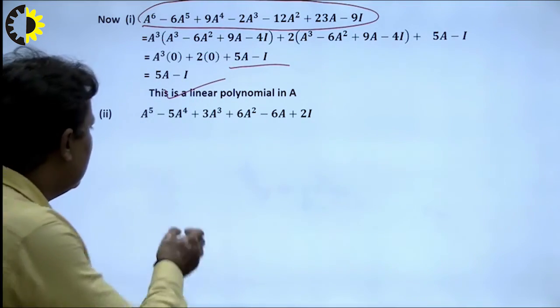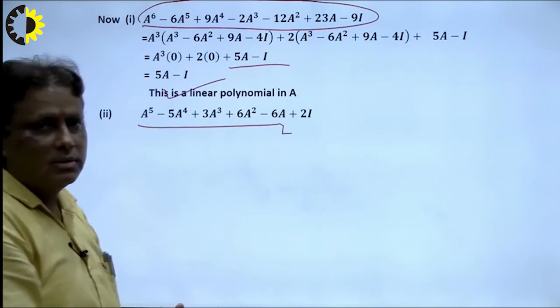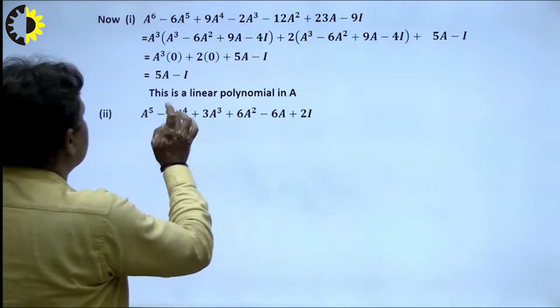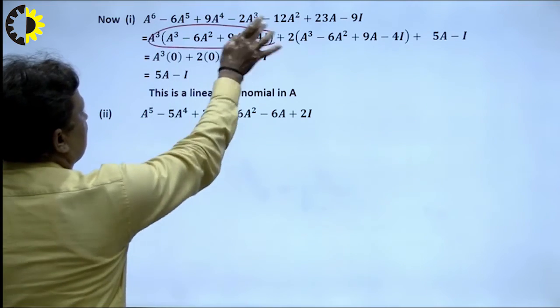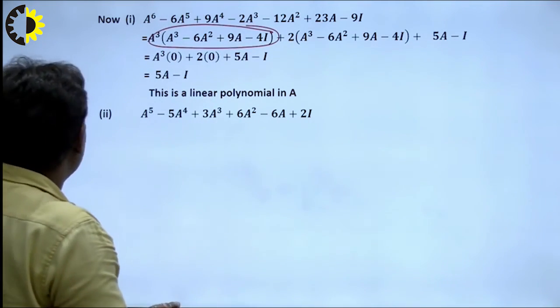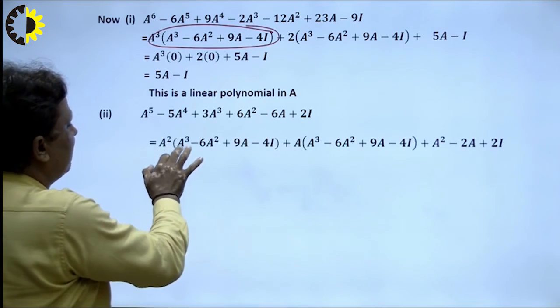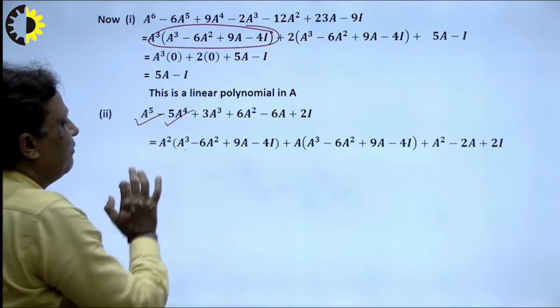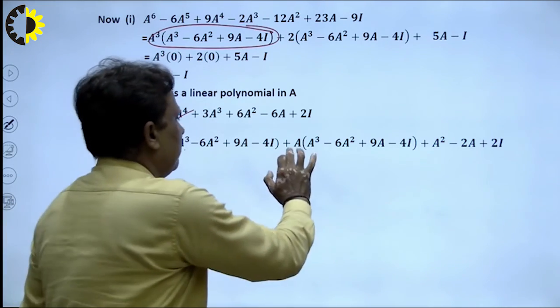Suppose the next problem is that I want to calculate this. First of all I create the characteristic equation here, and this is the characteristic equation. A cube multiplied by A gives A4, but I have 5A4, so I write A4 here.